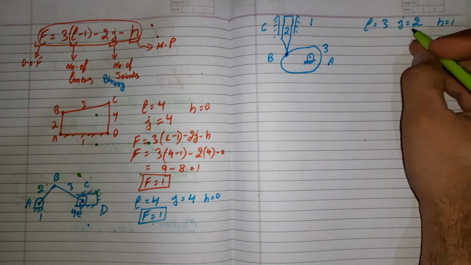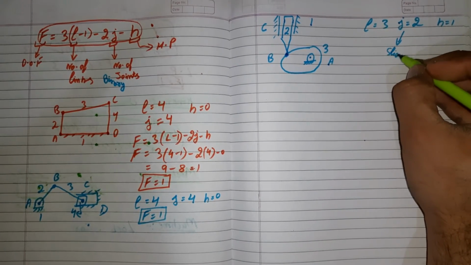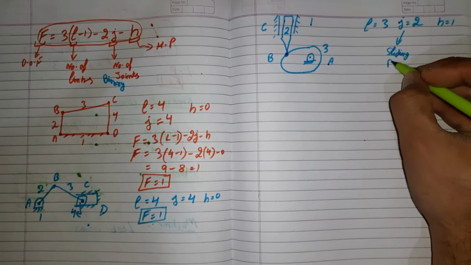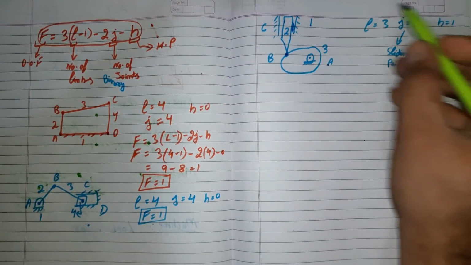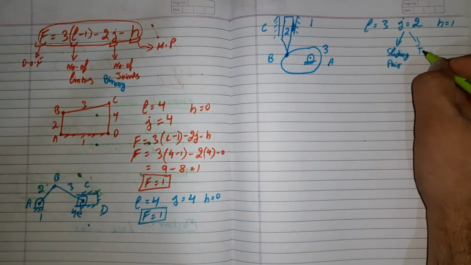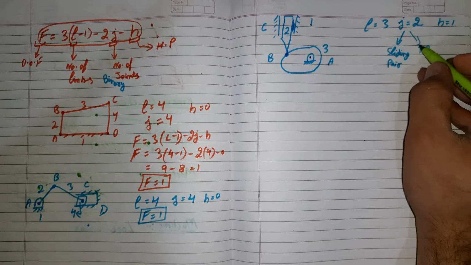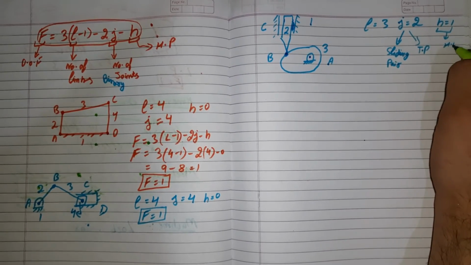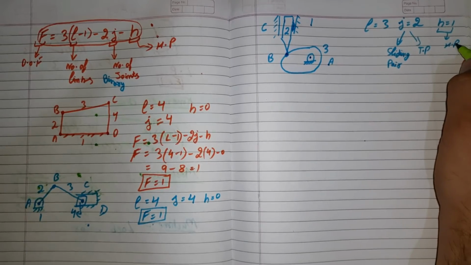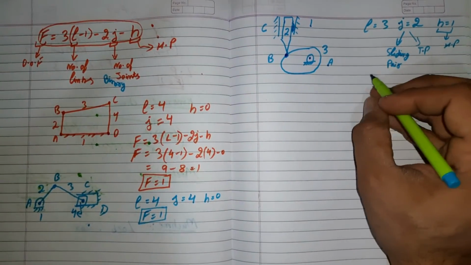Here in J we have one sliding pair, this one, and one turning pair, this one. So we have two binary joints here. This H is the higher pair, which has point contact. This is our higher pair with point contact.